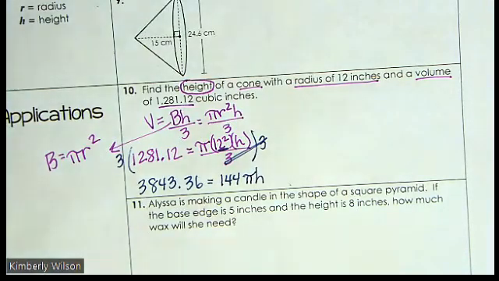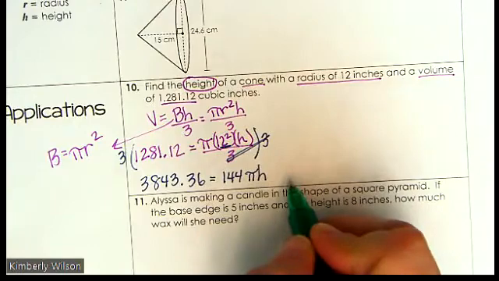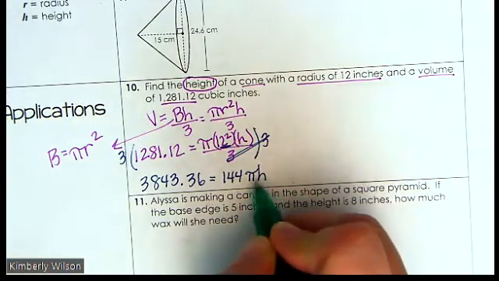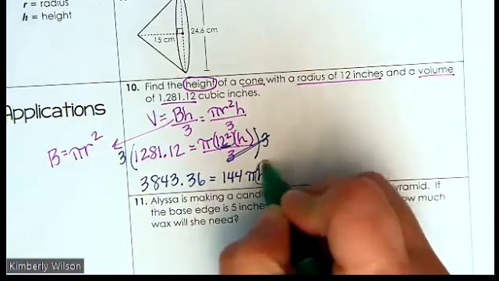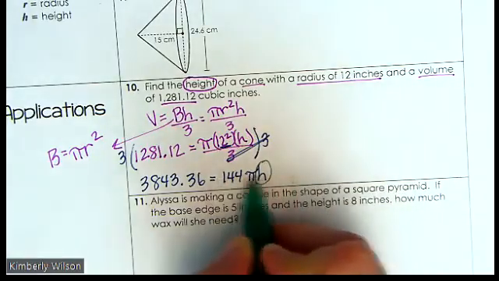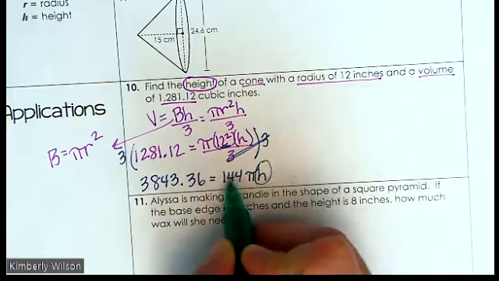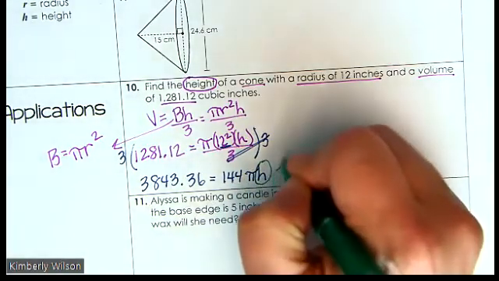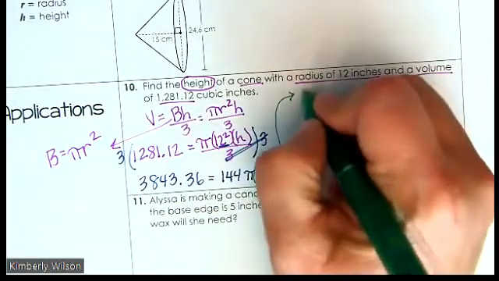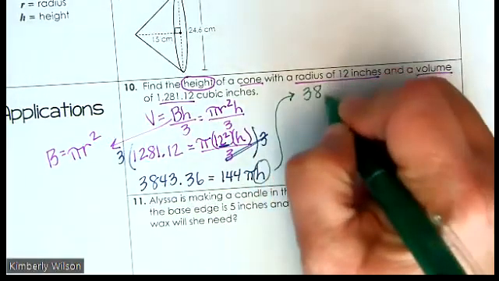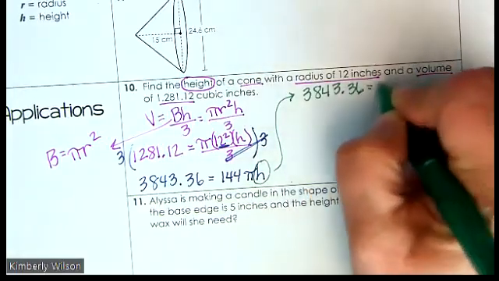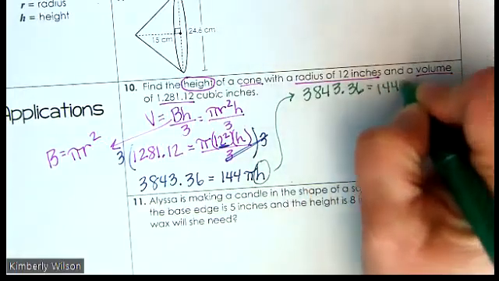Next, well, at this point I need to get the h by itself. All of this is multiplication, so I'm going to divide by the 144 pi on both sides. So I'm going to start off by rewriting this so you can see what's happening. 3843.36 equals 144 pi h.